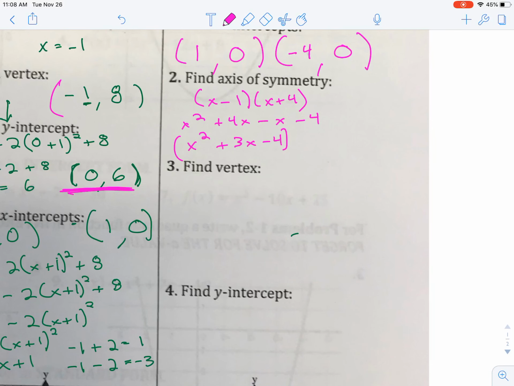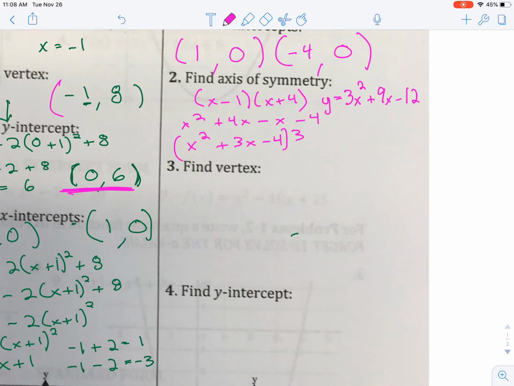So if I multiply that by 3, it gives me y is equal to 3x squared plus 9x minus 12. Okay? All right.